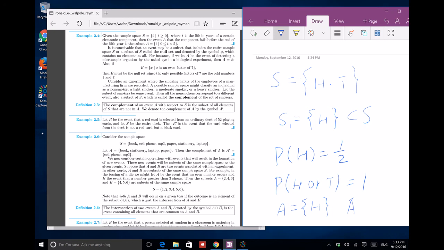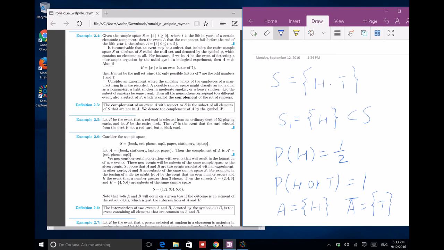So the complement set of A is tail for this one.